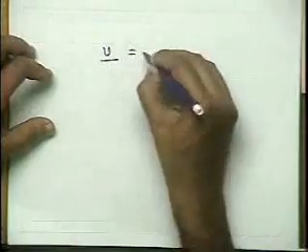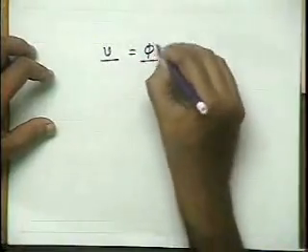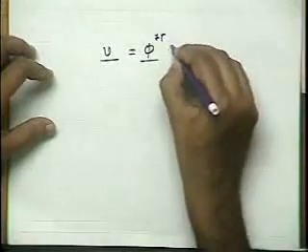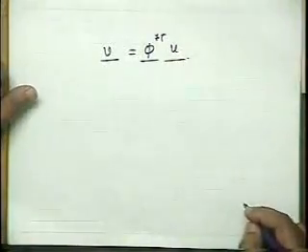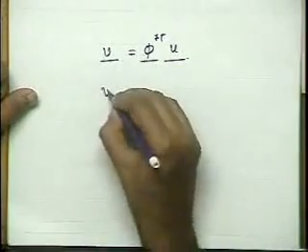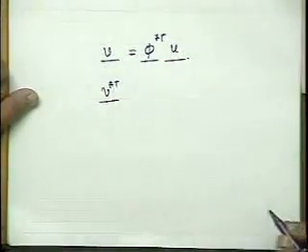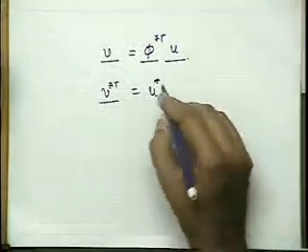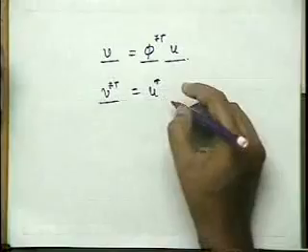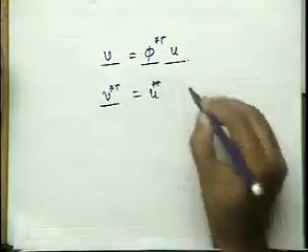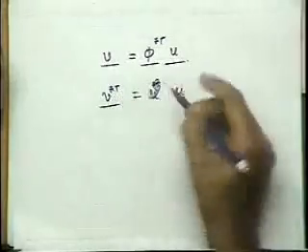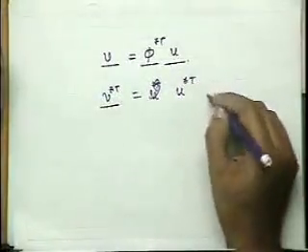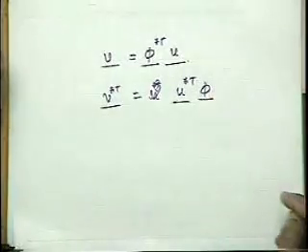You consider the definition. Our definition for this KL transform is that V was written as phi star transpose U. So what is going to be my V star transpose? By the property of transpose itself, it is U star transpose, not U transpose, because I am going to take V star transpose, so it is U star transpose into phi.